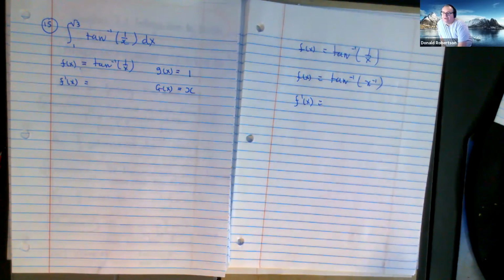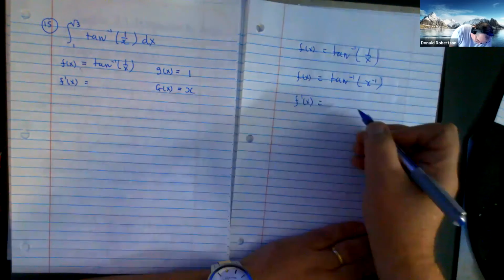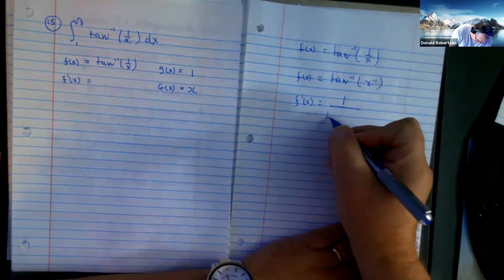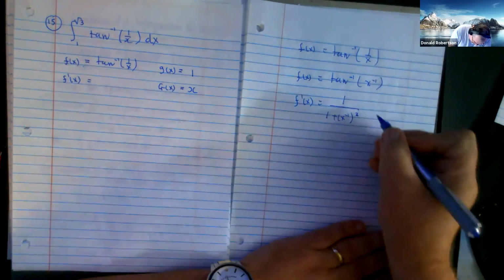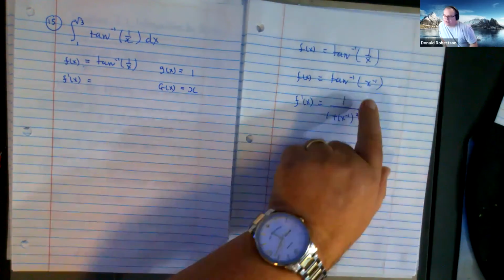Now, when you do the derivative of an inverse tan, isn't the answer 1 over 1 plus x squared? But in this case, isn't the x going to be 1 over x, or x to the negative 1? So it's going to be 1 over 1 plus the thing squared. And then don't you follow by finding the derivative of the thing?